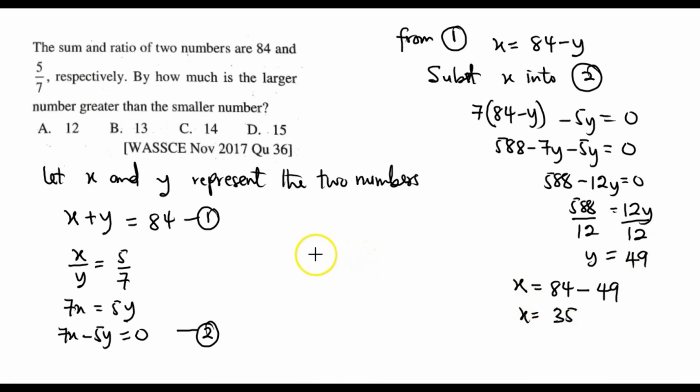Therefore, the difference is y minus x, that's going to be 49 minus 35, and 49 minus 35 gives an answer of 14. Therefore, our answer to that question is C.